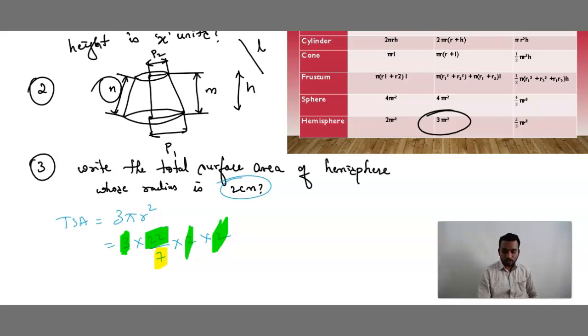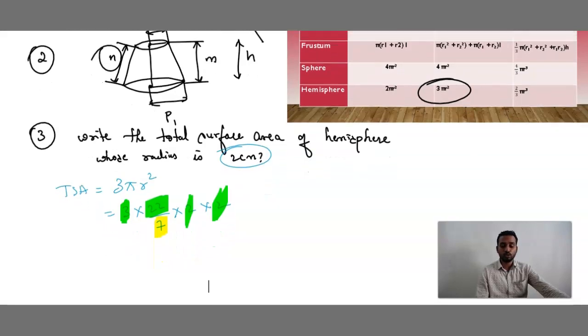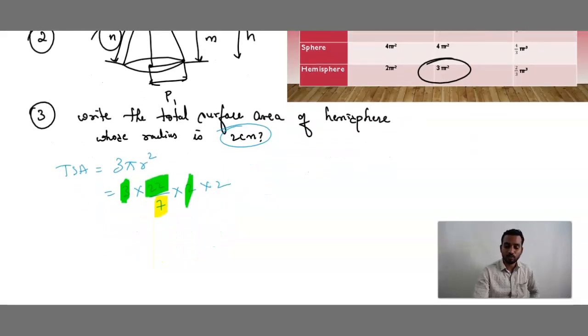No. Is 22 divisible by 7? No. 2? No. It is not dividing any terms. So what should we do in that case? I am giving the clue, children. It's the simplest form: 3 into 22 by 7 into 2 into 2, because this 7 is not cancelable with any of the given numbers.